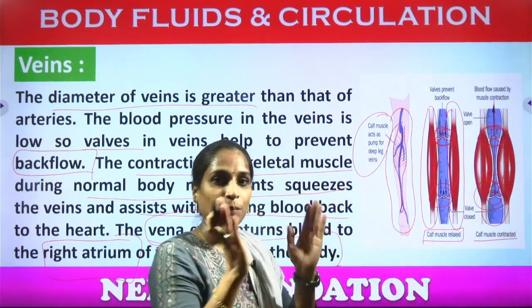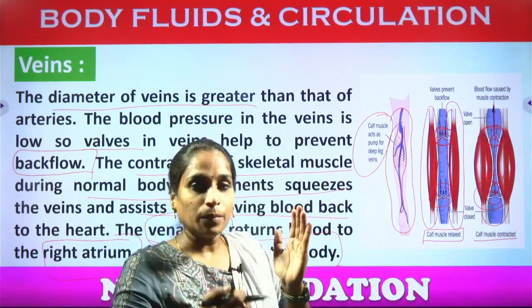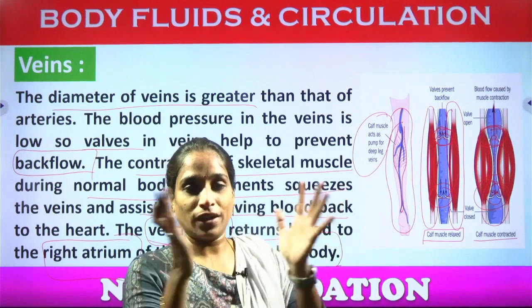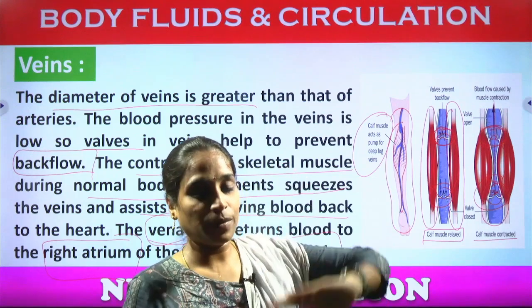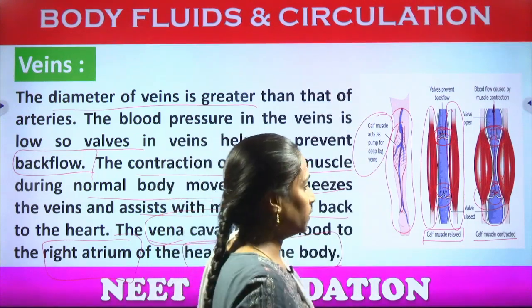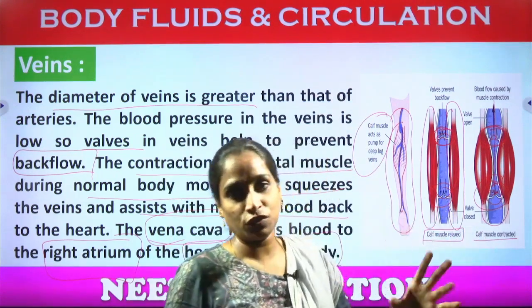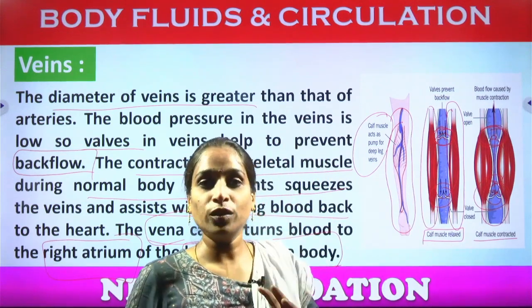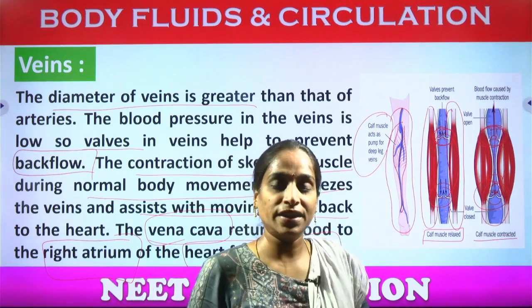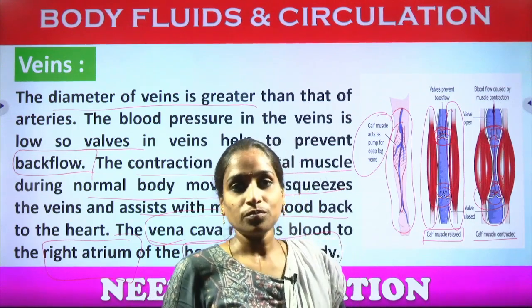Okay, when do they open? When the muscle in the prior part is contracting, it makes the valves open so that the blood flows in a forward direction. So that is the pressure created by the skeletal muscles, so that the movement of the deoxygenated blood can be seen in the veins.